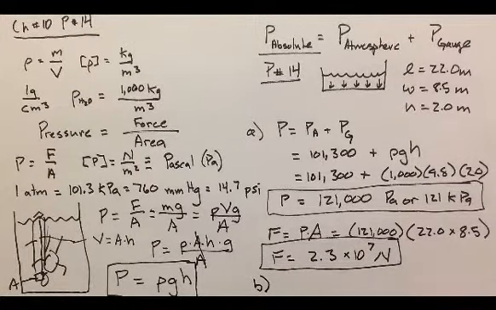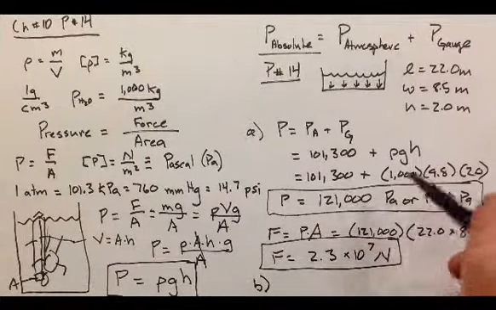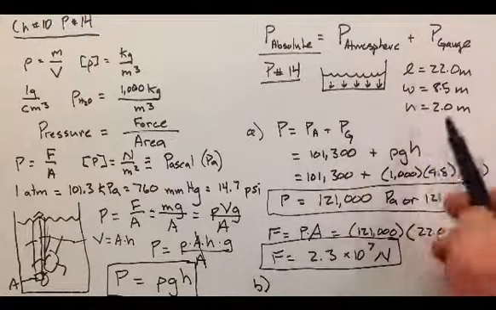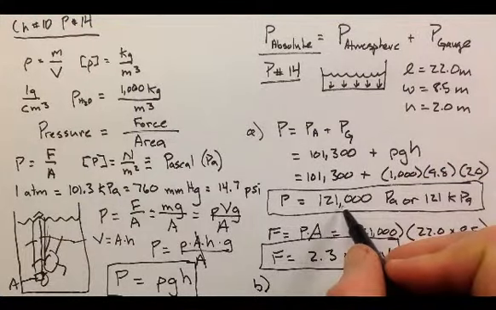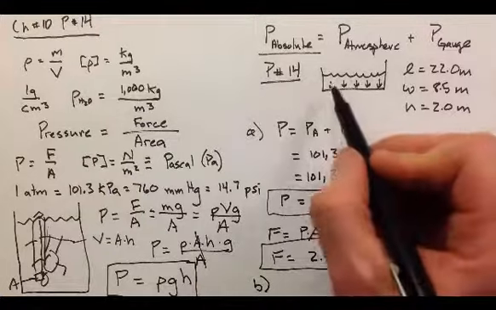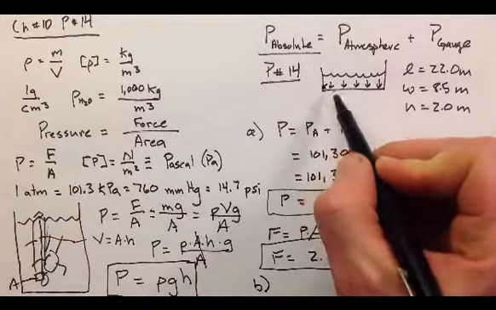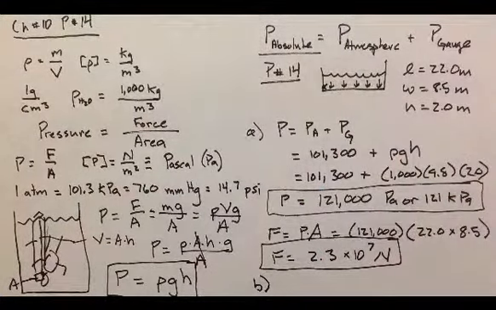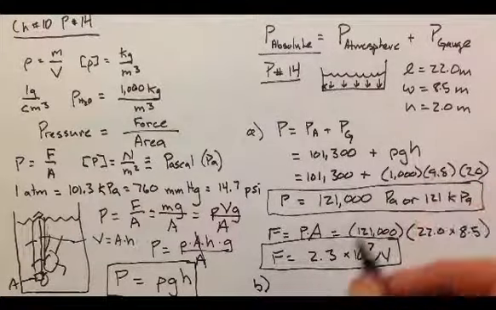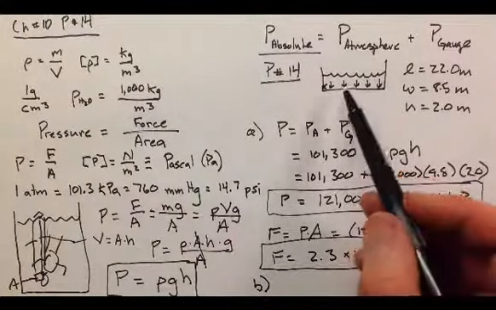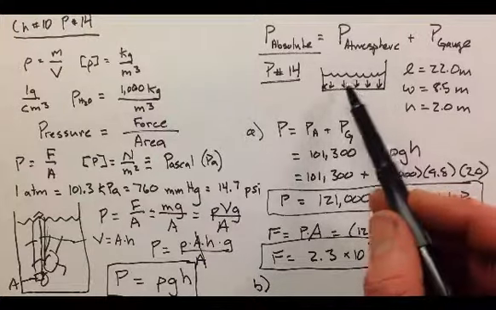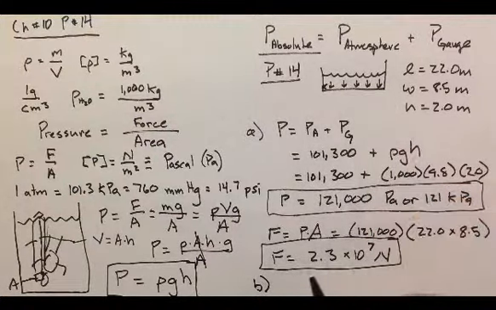Part B says, hey, if the pressure at the bottom of the pool is 121 kilopascals, what's the pressure right here along the side of the pool, almost at the bottom? Well, if we're almost at the bottom, water, or any fluid, exerts pressure in all directions.